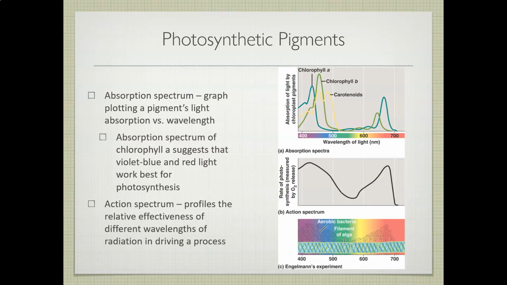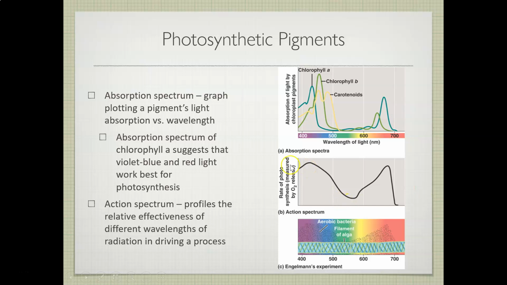So what we can do is create these absorption versus action spectra. And this is a pretty common one, just FYI, that tends to show up on exams. So let's spend a little bit of time here. Because what we look at in terms of an absorption spectrum versus an action spectrum are very similar, but not identical.